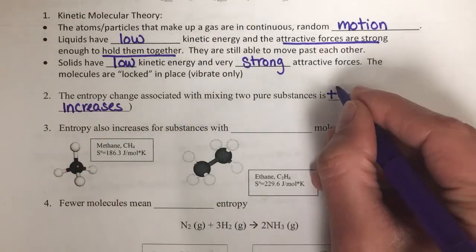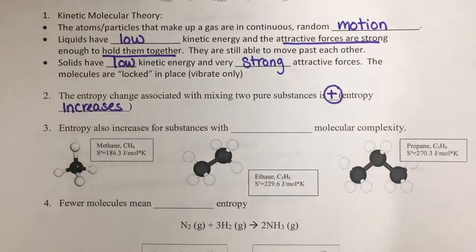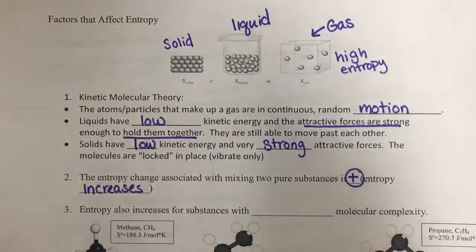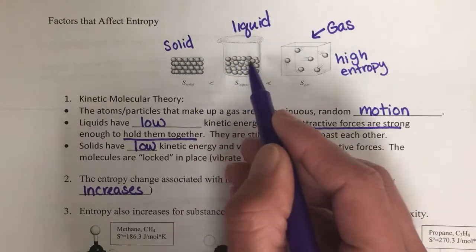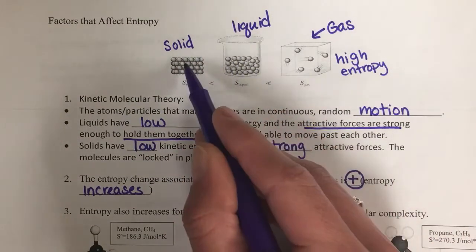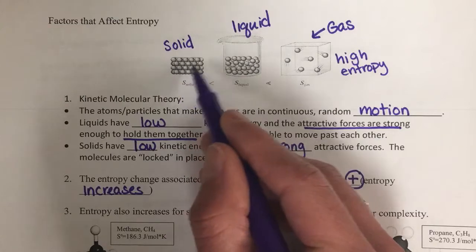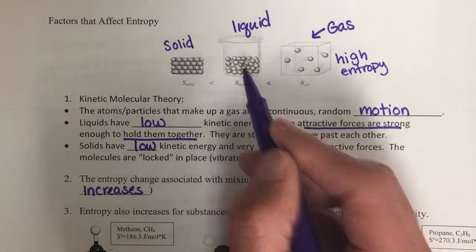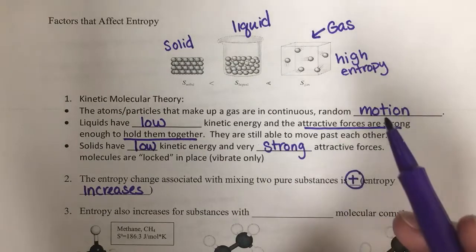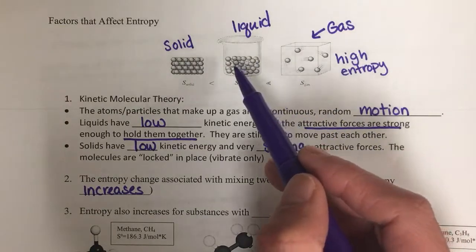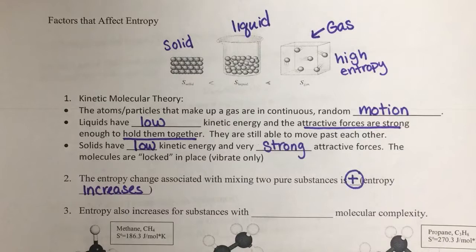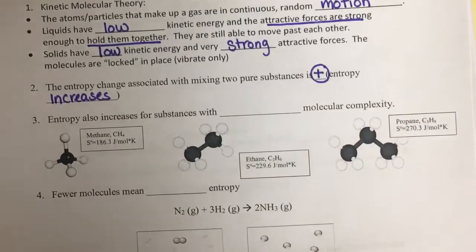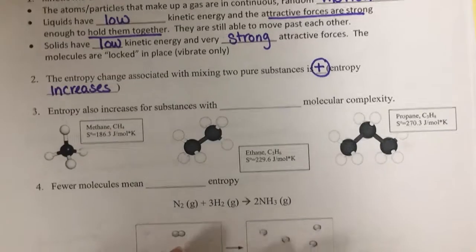So I'm going to have a positive value for my S. So if I had my solid salt and I add it to my liquid water, all of my salt ions, my Na+, my Cl-, are going to spread out among the liquid molecules, and so I'm going to create more randomness or more disorder. Okay? So, changing state, mixing things.